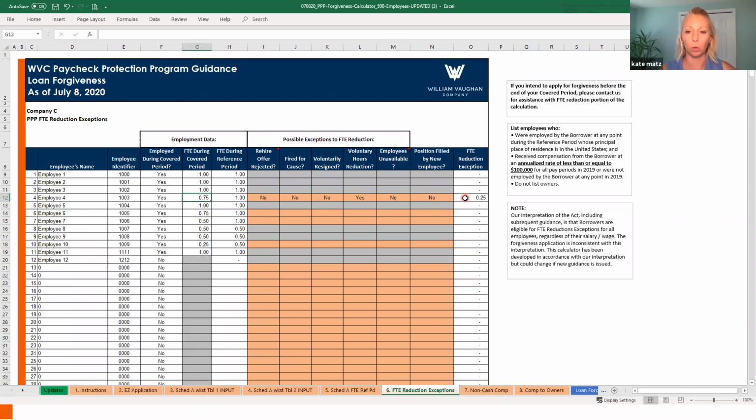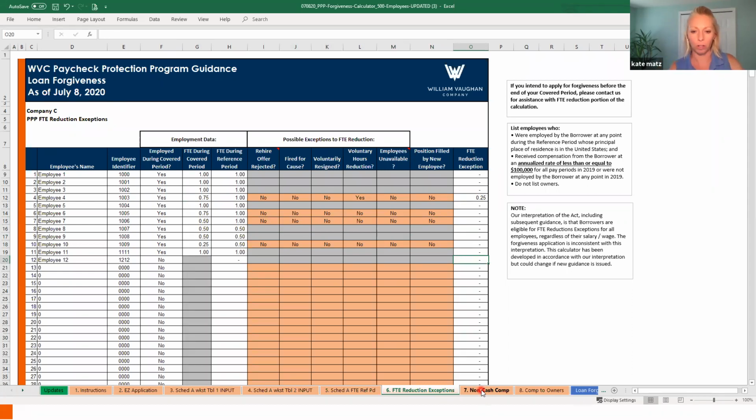So they're going to add back the difference between those two. So it's going to get us back to they're going to be counted as one full FTE during the covered period. 0.75 that they actually got paid for, and then 0.25 is that reduction exception. So you broke down through that for each one of those employees. We'll say that all of these are no, just to keep things moving.